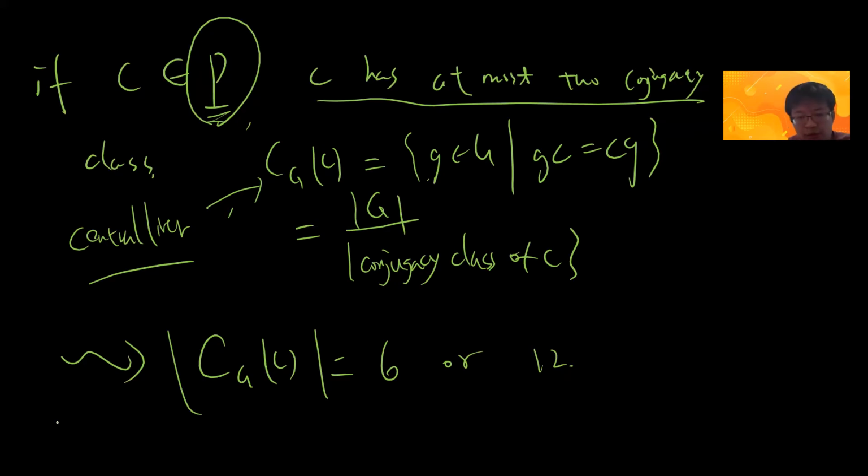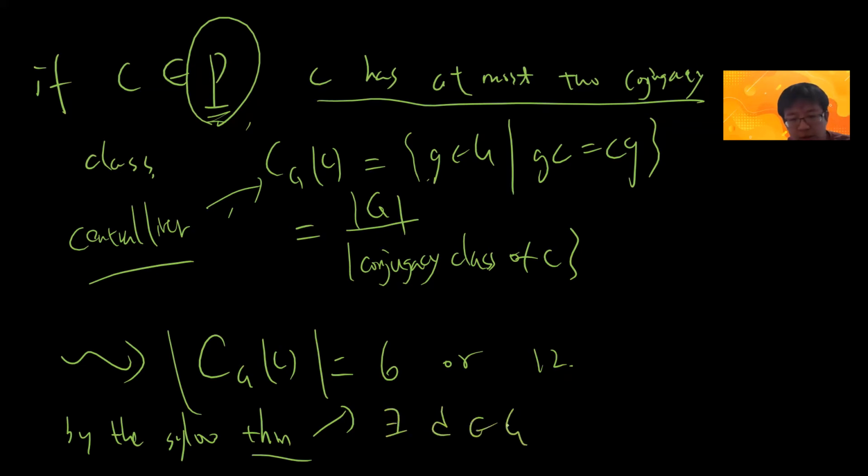Okay, so then by the Cauchy theorem, I get there's an element which is of order 2. So there is an element D in this group, the centralizer of C, such that D squared is 1.